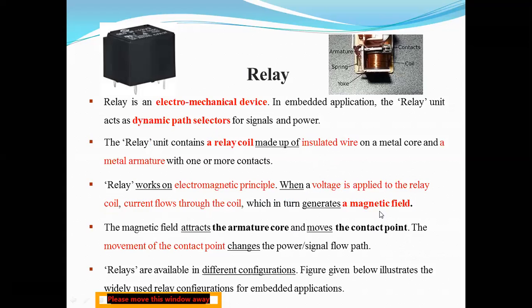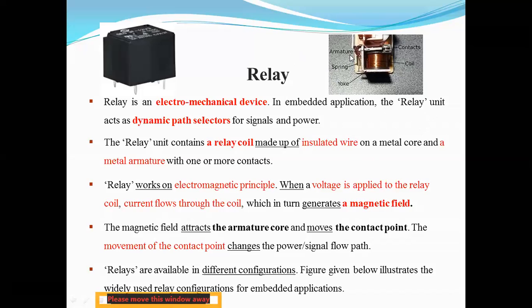So the switching of the power has to be done. Who does that? The relay does. So a relay basically controls the power, changes the power or the signal flow path. In that case, these relays are used in the embedded system. Basically, they are doing certain control or switching of the power in the embedded system.